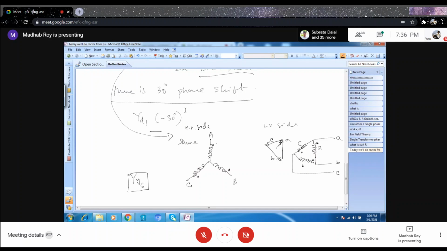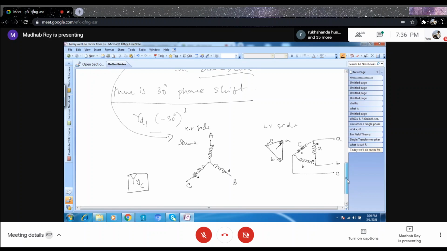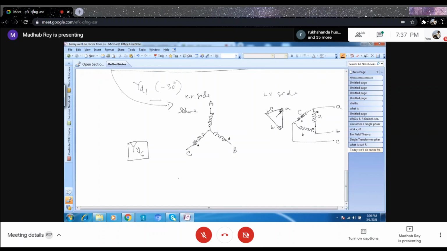Already I have explained relative polarity. So what should be the polarity of these two? That's the connection diagram, and the phasor diagram you can also do here. Now our task is to do the YY6. Can you do this YY6?